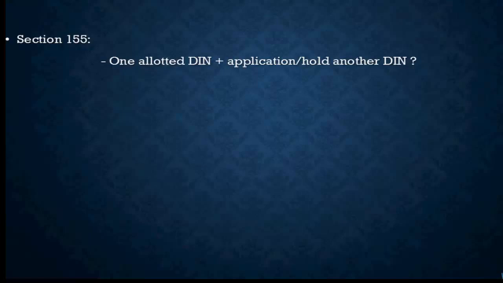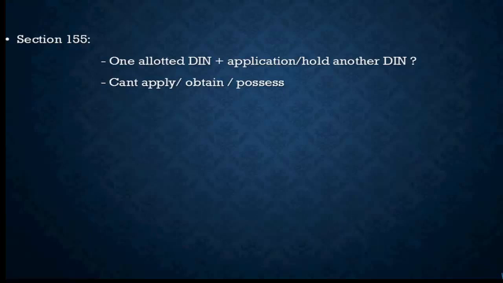So if one DIN is allotted to any person, he cannot hold another DIN, neither can he apply for any other DIN. If he wrongfully applies for, obtains or possesses another DIN, he will be punished for the same, right? And we'll see the punishment for the contraventions further in the coming sections.